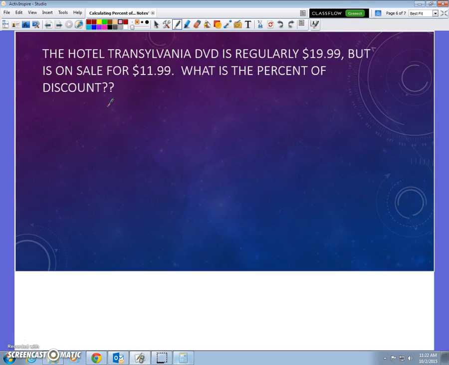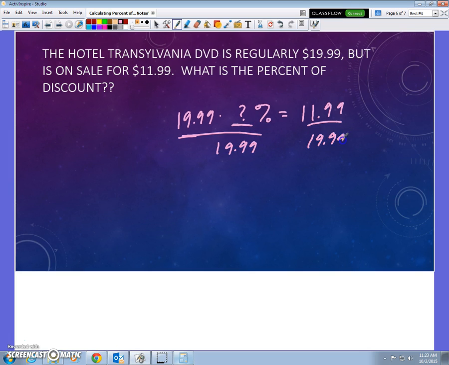Let's do one more. It says the Hotel Transylvania DVD is regular $19.99, but it's on sale for $11.99. What's the discount? What percent is discounted? $19.99 is what we're starting with, times some sort of discount. We don't know what percent it is, but it's supposed to equal $11.99. So that's how we're going to set up our equation. My original, percent, and my final. So I'm going to divide both sides by $19.99 to help me find my percent.